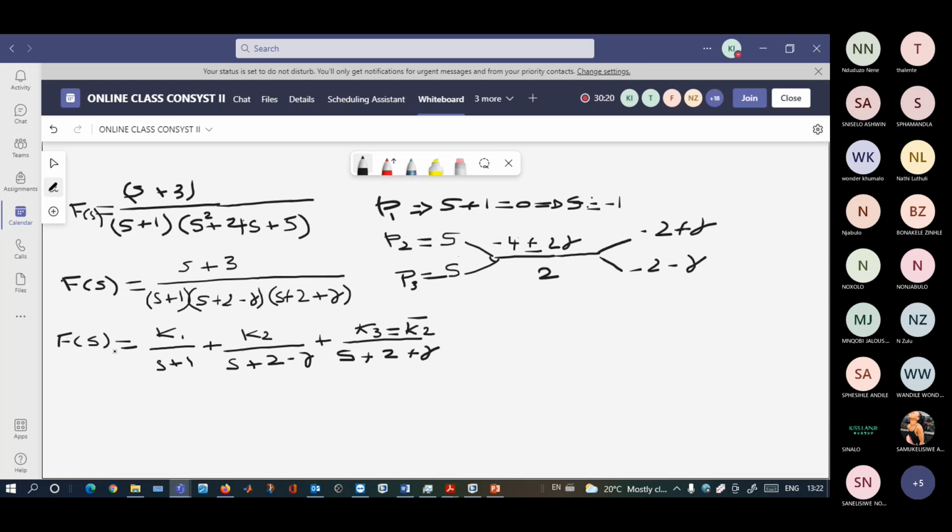So let's find K1 first. K1 is easy to find.